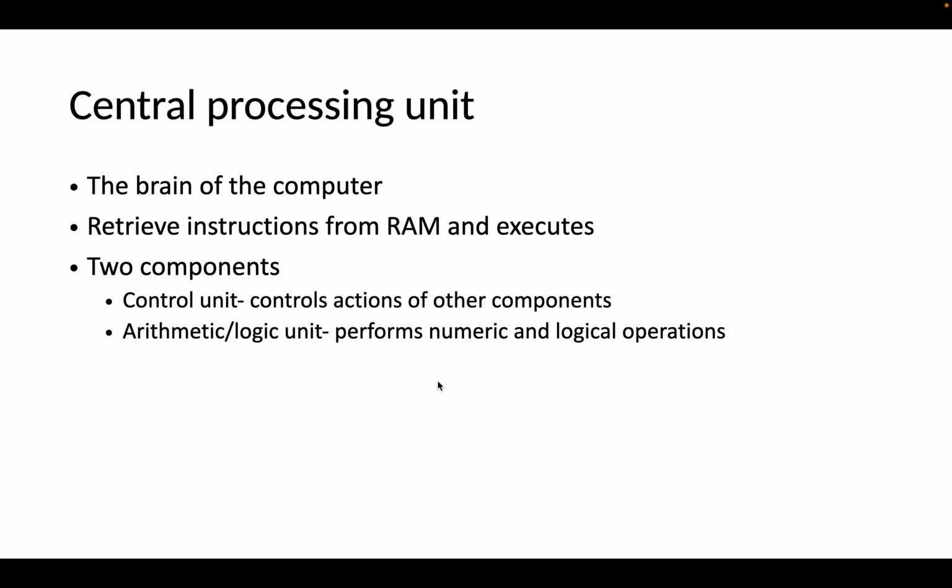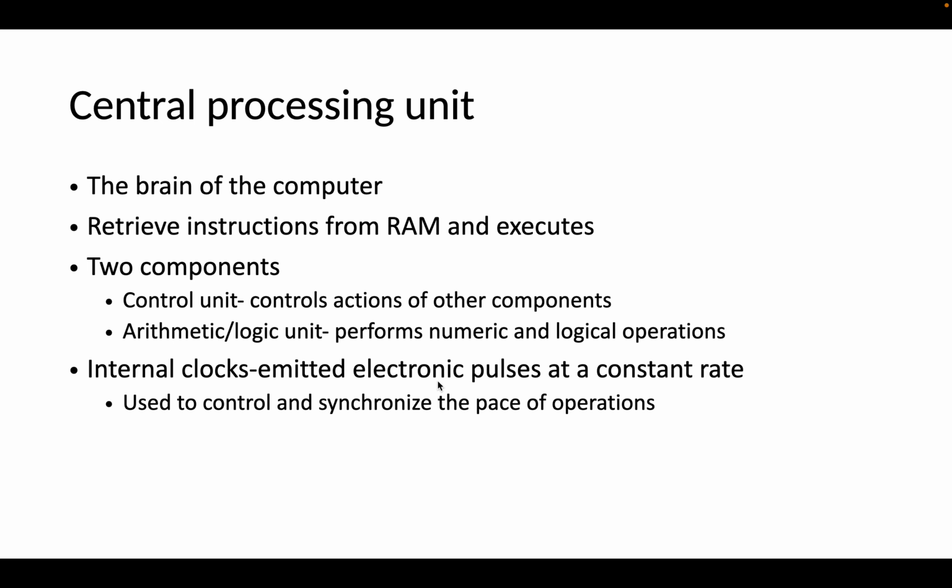The arithmetic logic unit is the main component where the execution happens. Based on the specific instruction set, this unit will process the data and come up with the output. This is controlled by an internal clock built into the central processing unit, which controls its speed.